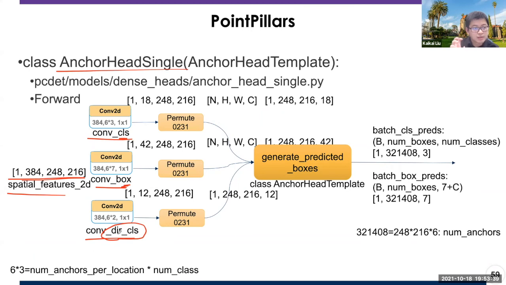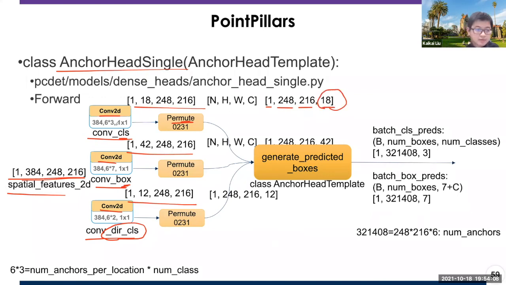Any students still remember? Direction classifier. Very good. The direction classifier is the third branch. These are simple Conv2D layers. Then we get the size and do a permute to change the channel number, so it becomes 248 by 216.